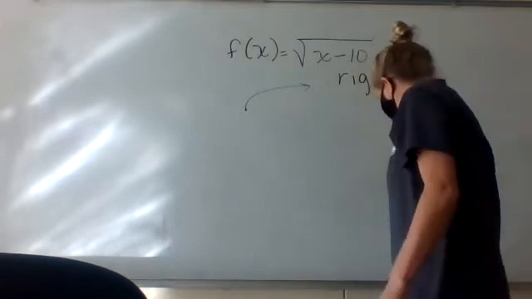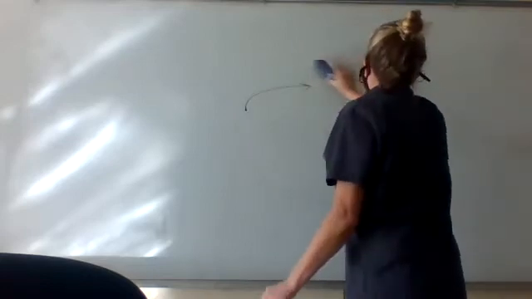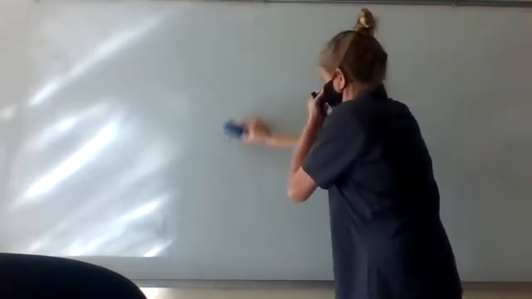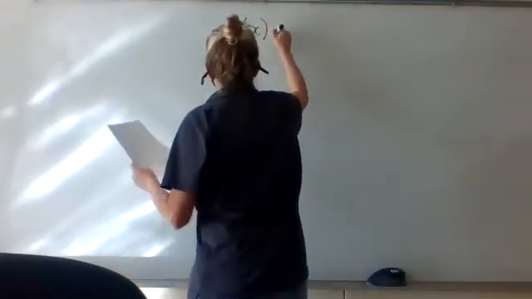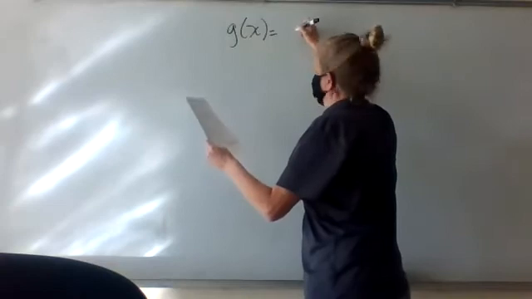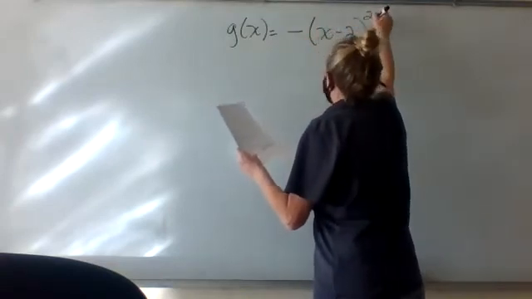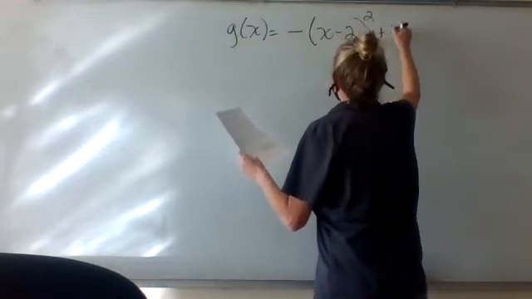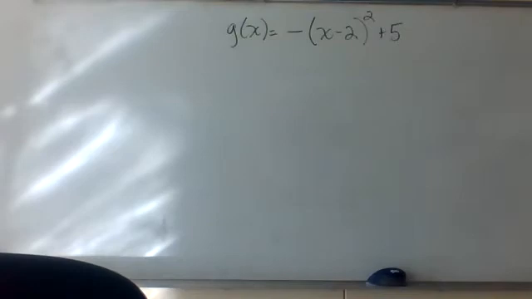Number 4 is another transformation problem. g of x equals negative x minus 2 squared plus 5.